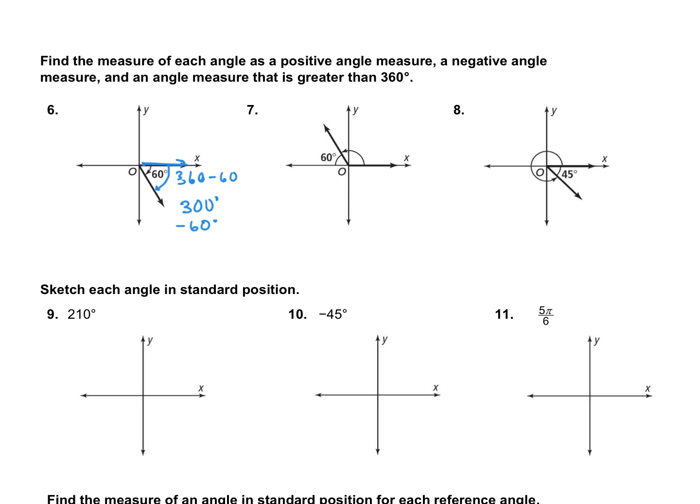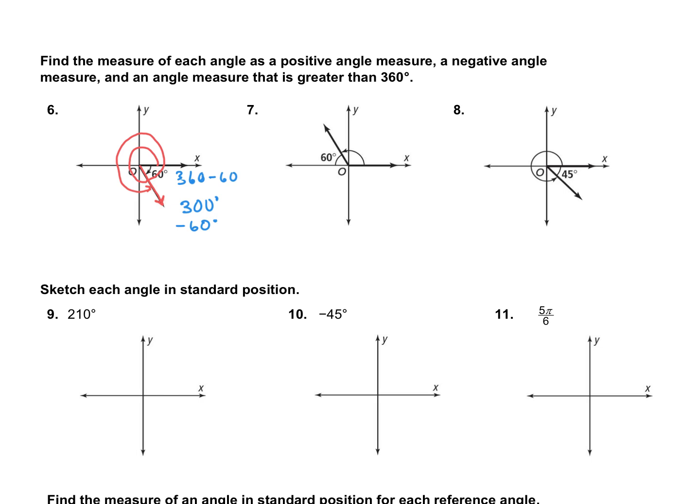The last thing they want is an angle that is greater than 360 degrees. So what we can do there is look at this angle right here that we figured out was 300 degrees. If we just go one more full rotation around from that angle, as long as we're landing on the terminal side of this angle, then we are finding an angle measure that's greater than 360.